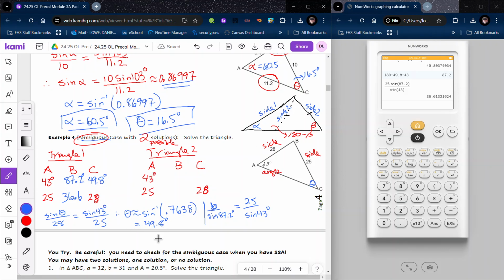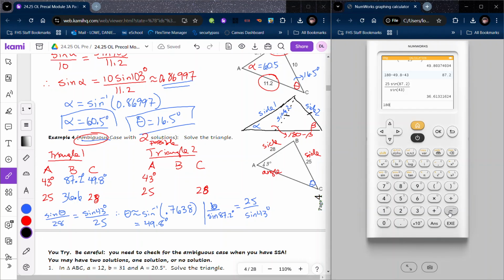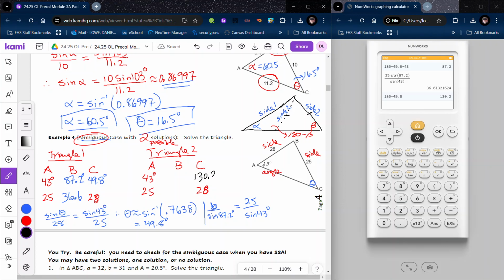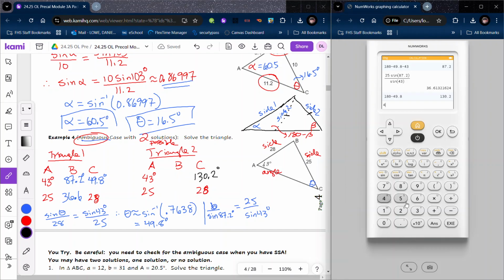The supplementary angle to 49.8 is 180 minus 49.8, which is 130.2 degrees. Then, using this same relationship with the 130.2 degrees, I can find my next angle, which would be 180 minus 130.2 minus 43.